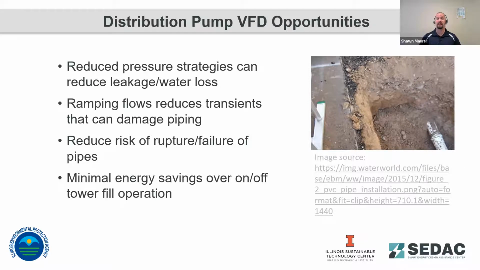But it does rely on that ability to have some kind of water storage to handle emergency situations and things like that. So again, we can look at your distribution system and try to help identify, is there an opportunity for reducing pressure and applying a VFD to the system and optimizing that pressure to reduce leaks and reduce your pumping energy.